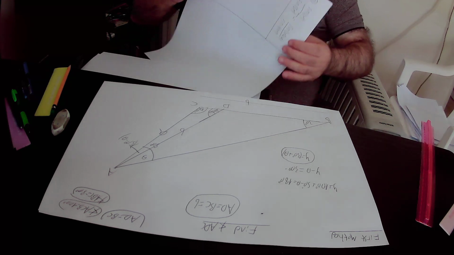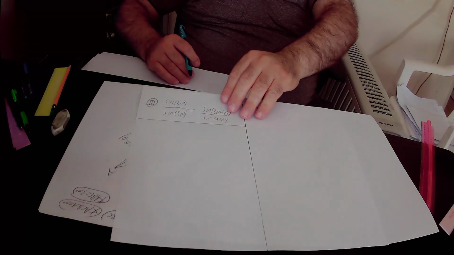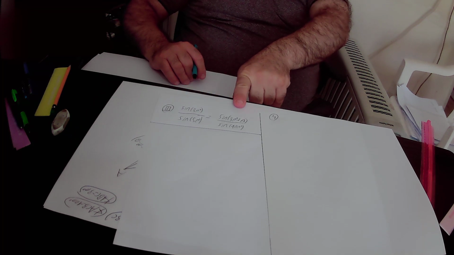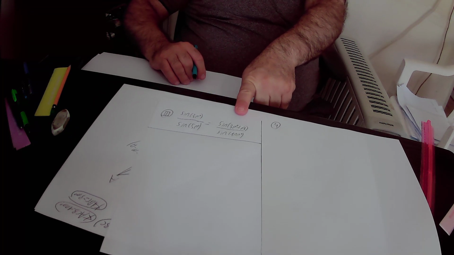So I repeat again, according to equation number 3, A over B according to equation number 1 equals A over B according to equation number 2.